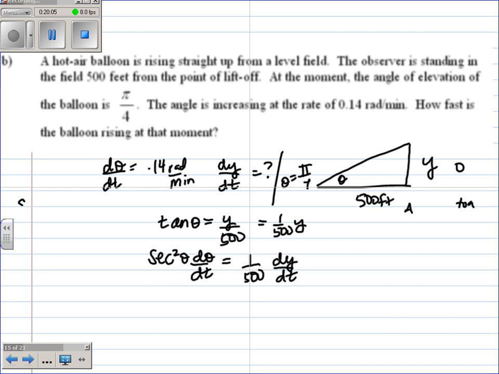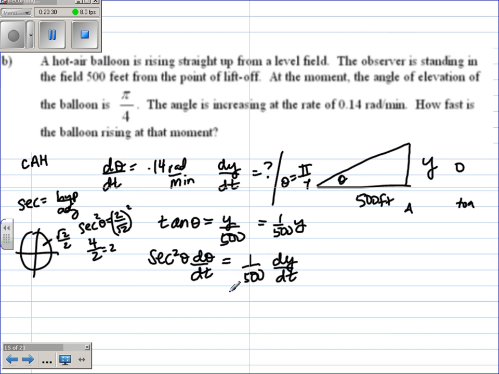So think about secant is the reciprocal of cosine. So it's hypotenuse over adjacent. Or you can simply think, okay, pi over 4. At pi over 4, my cosine is root 2 over 2. It's a reciprocal, so my secant would be 2 over root 2. And we're supposed to square that, so it's going to be 4 over 2, which is 2.